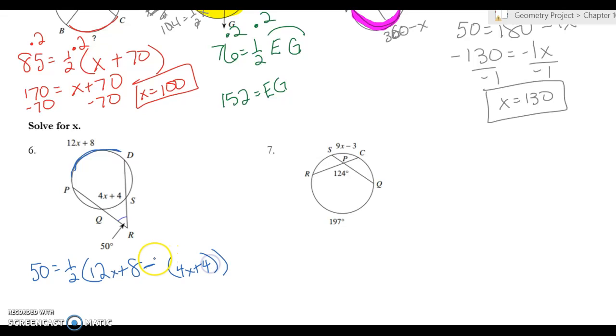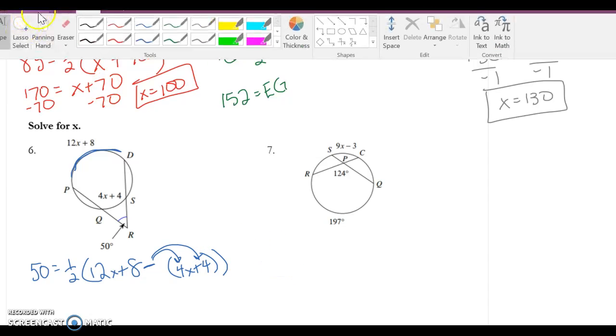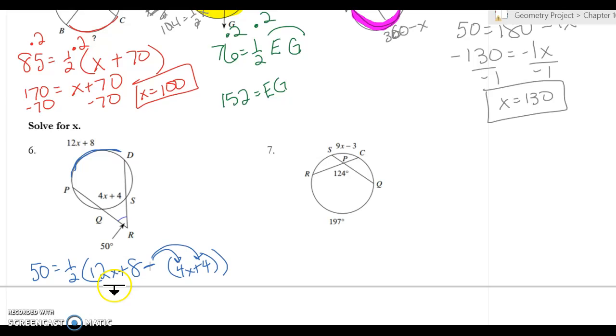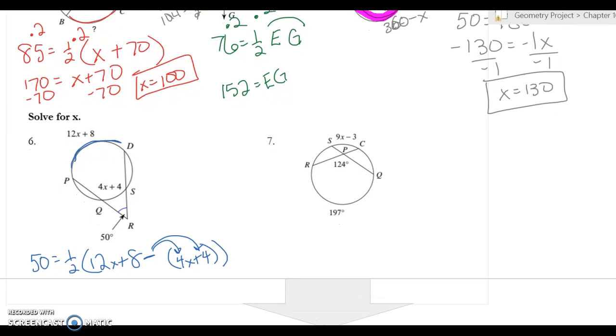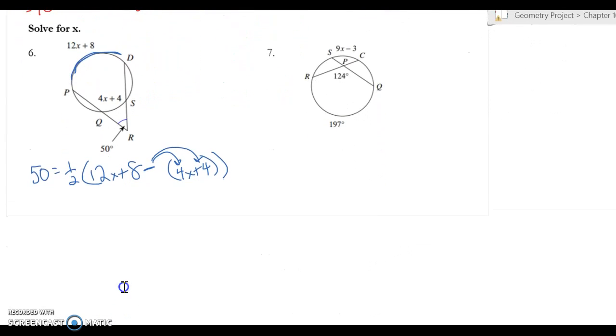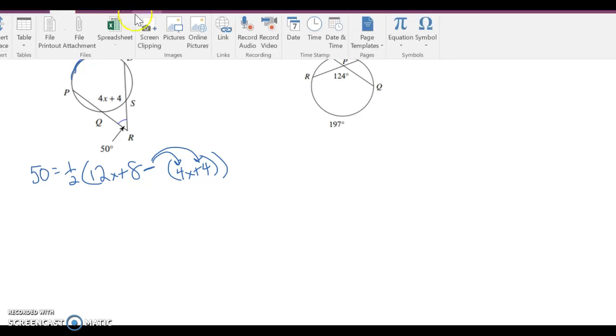And the reason I put parentheses here is because I'm going to have to distribute that negative. Okay, let me insert some more space for us. It's a little crowded. Let's see if it'll stay. There we go.